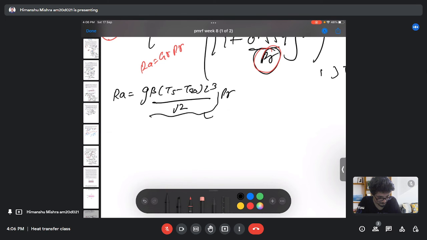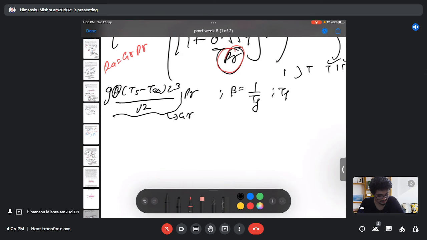This is my Grashof number. So just putting in the values from the question. Again, we need to find this beta also. Beta is given as the inverse of the mean temperature, and the mean temperature is the average of the temperatures we have been given, which is 37.5 degrees Celsius.